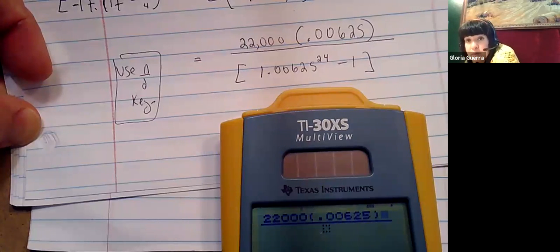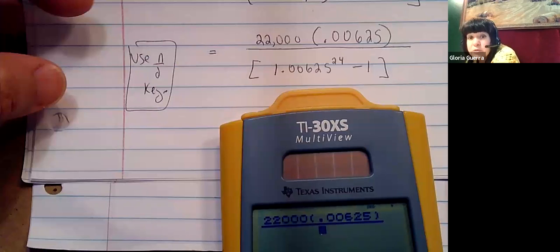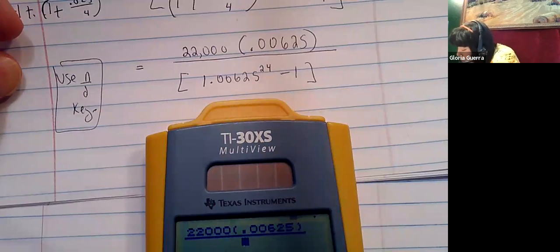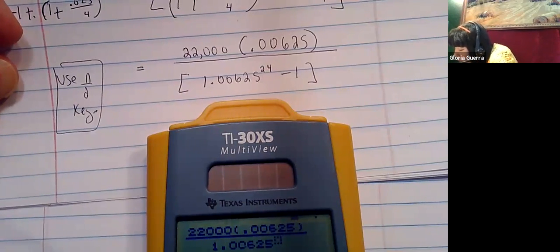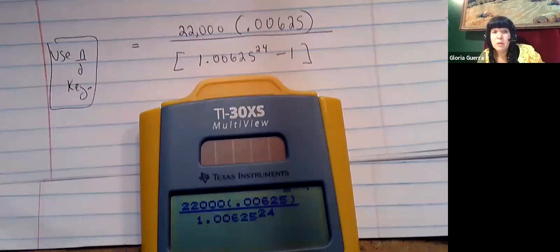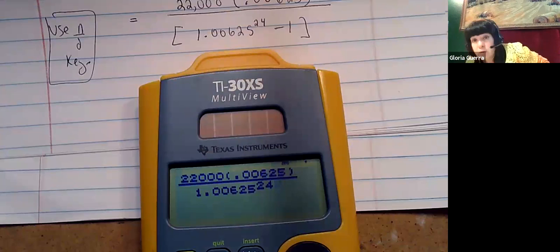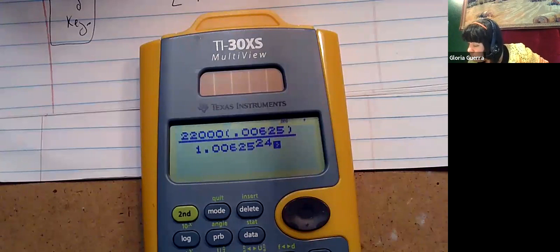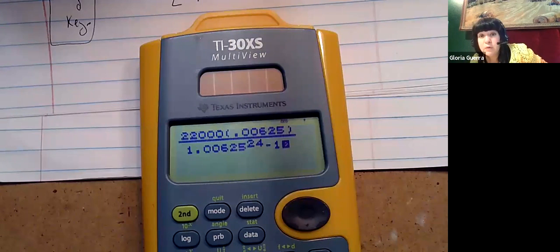Then we go down to the bottom, and I don't need the brackets because I'm already working at the bottom the way this is set up. So I'm going to do 1.00625 raised to the 24th power. But now I need that minus 1, so I hit this key on the side here to bring it down, and then I do the minus 1, and then I do enter.